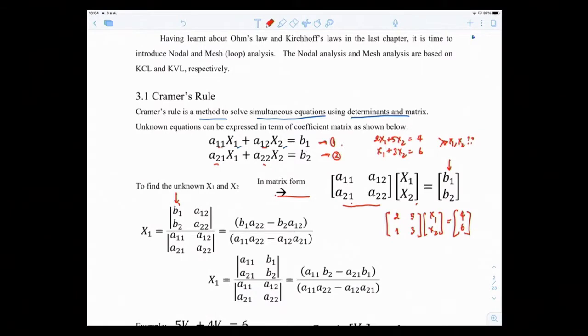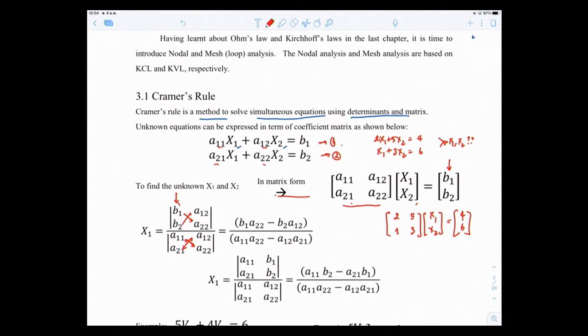The way to do this is you multiply diagonally, so b1 a22 minus b2 times a12. Same thing here: a11 a22 minus a21 a12.